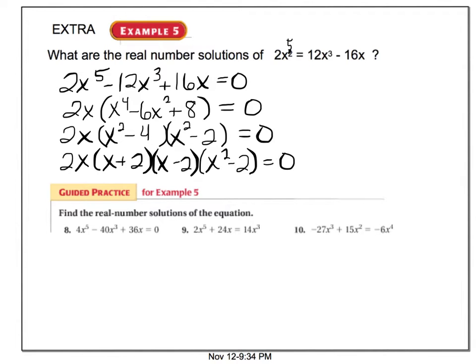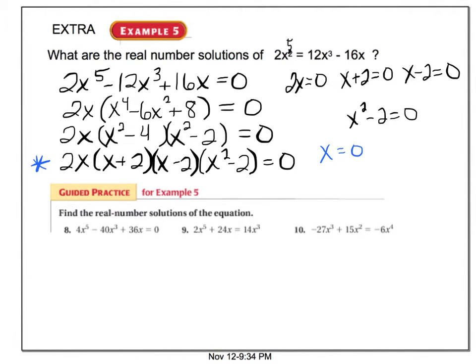Now that you've reached being factored completely, you need to use your zero product property and set all of these equal to 0. When you go through and solve them all, you will see that you get x equals 0, x equals negative 2, x equals positive 2, and x equals plus or minus the square root of 2.